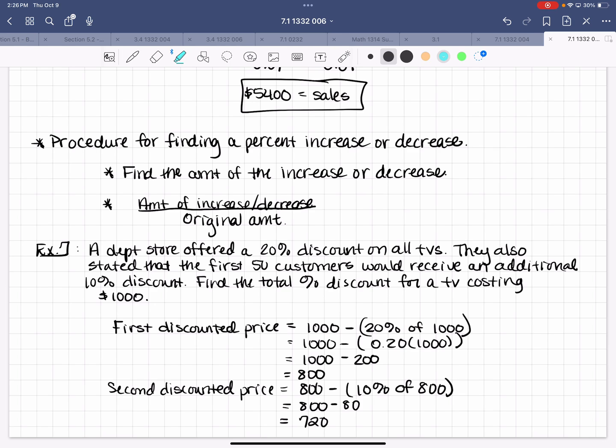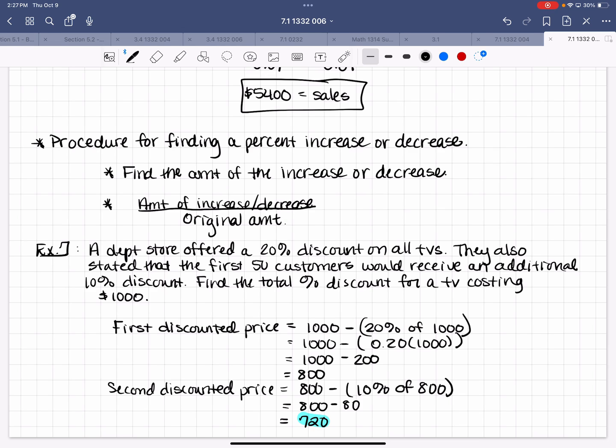Okay? Now, that's not really what the question's asking me. The question's asking me, well, what percent of a discount is that? What percent off was that? So in order to find that, we have to use the amount of decrease.